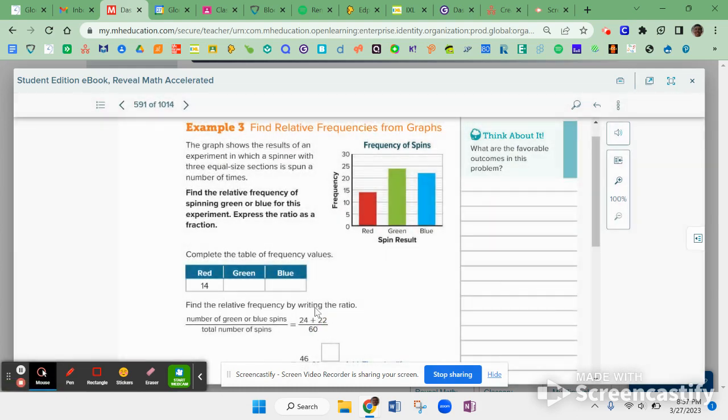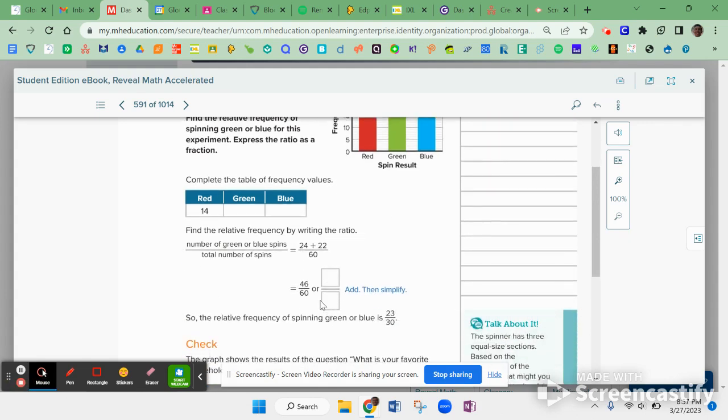And then we add up the two that are in the question, so green or blue. So we add up the 24 and the 22 like they did here, and that's our ratio. Then that simplifies down to 23/30ths. That's our relative frequency. If we had to change it to a decimal, we could just divide to get that decimal answer.